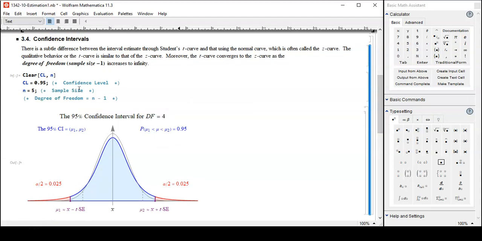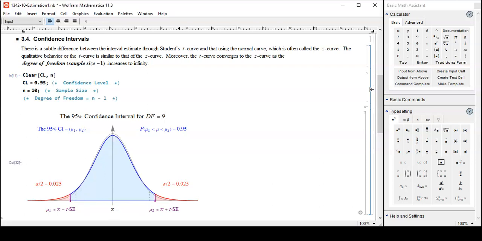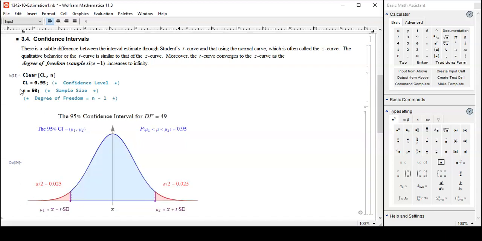And then this T curve has sample size of 5, so the degree of freedom is 4. And if I change that into, say, 10, then as you can see here, the solid curve got closer to the gray curve. And then if you go over to, say, about 50, then you won't see any difference at all.